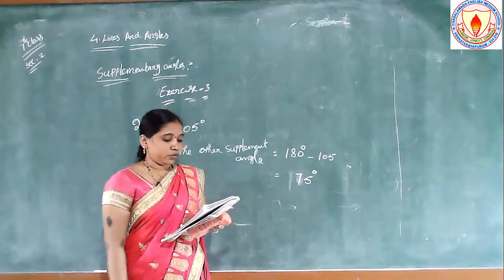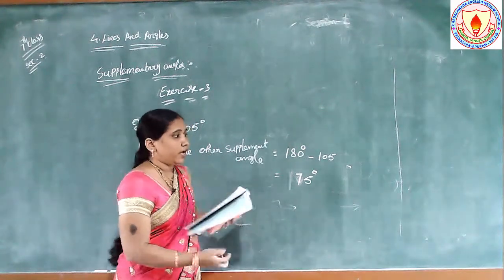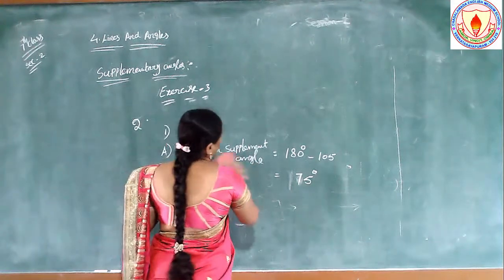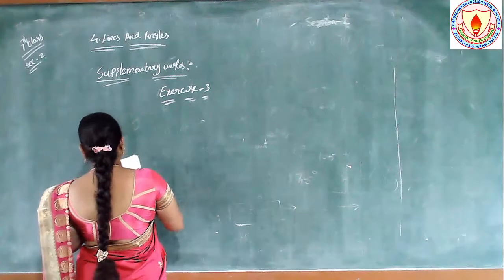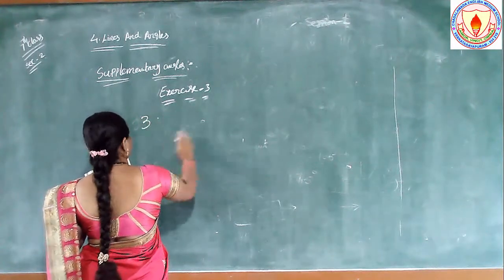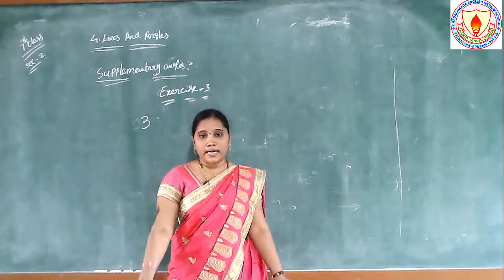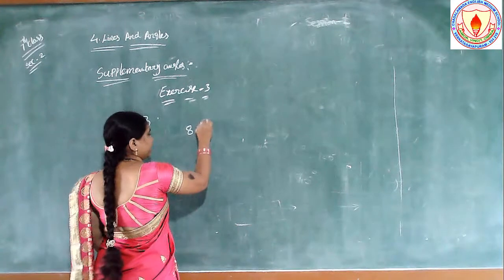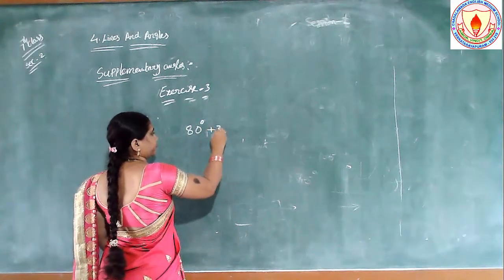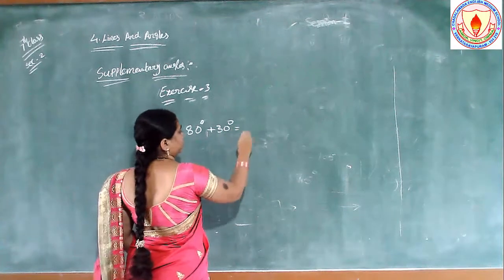And the third one: two acute angles cannot form a pair of supplementary angles. Do two acute angles ever form supplementary angles or not? Suppose you take the third example. Acute angles mean below 90 degrees. Tell me any two acute angles. 80 plus 30, how much? 110.